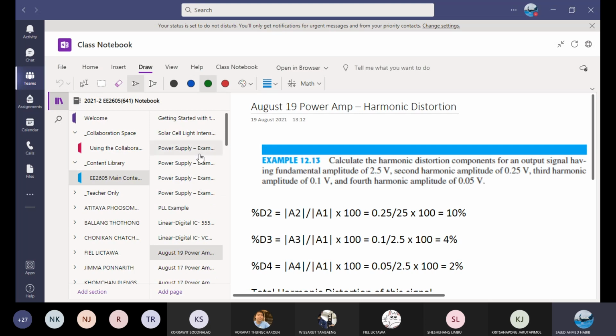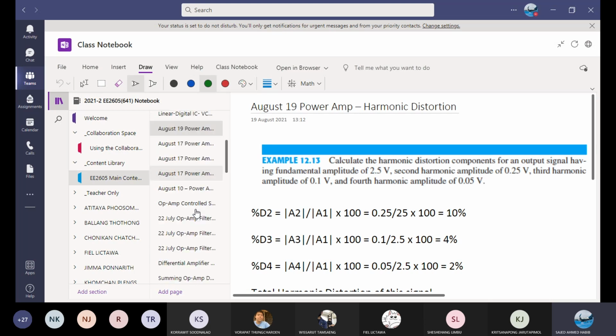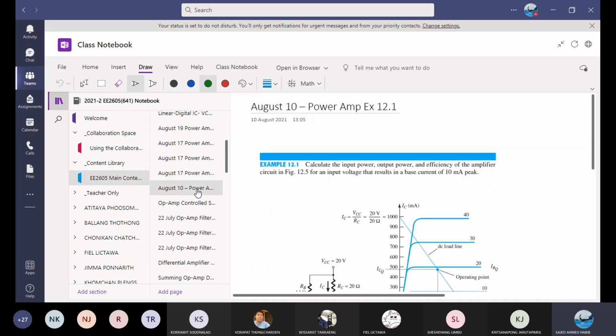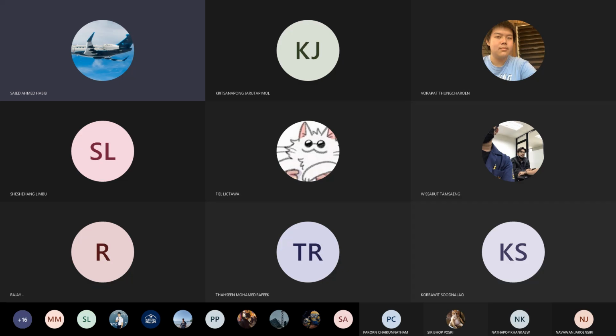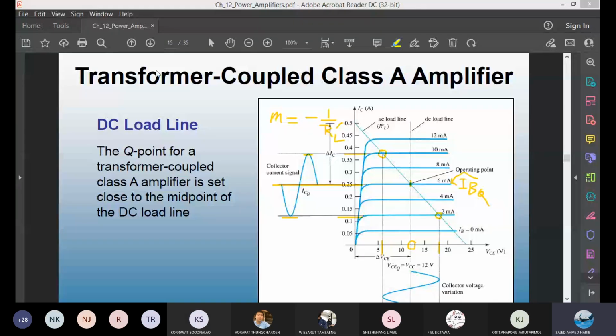Okay, I have to go to my copy of the textbook and then we will bring it in here. Let's switch the screen for a moment, and let me look where I have the example 12.4.